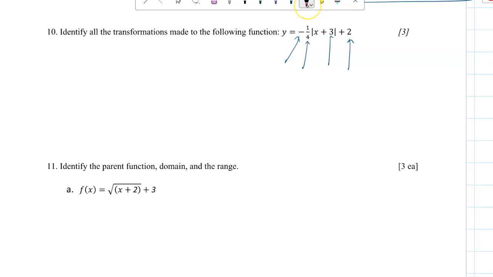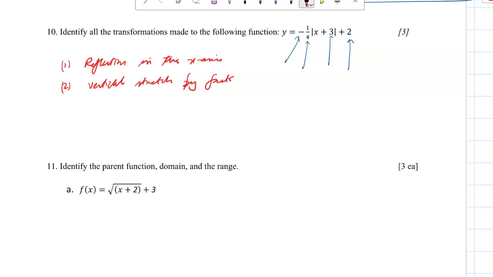Start. Okay, so reflection over the x-axis. Correct. Reflection in the x-axis. Vertical shrink by 1/4. We say vertical stretch by factor 1/4.